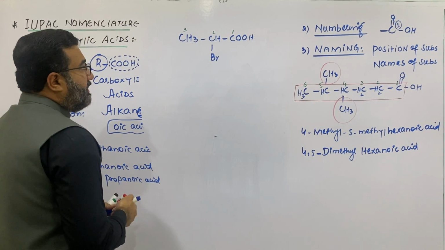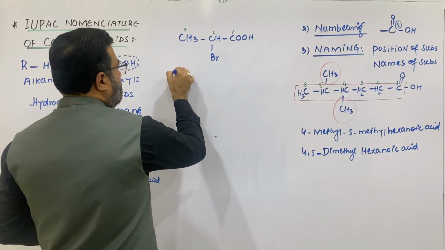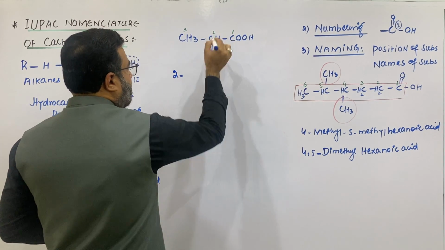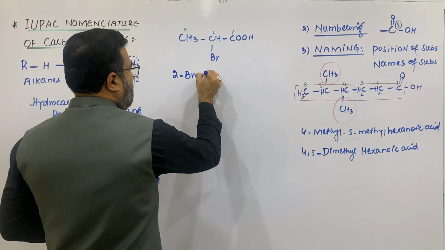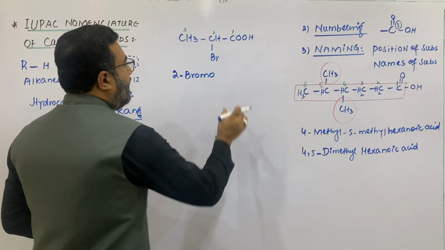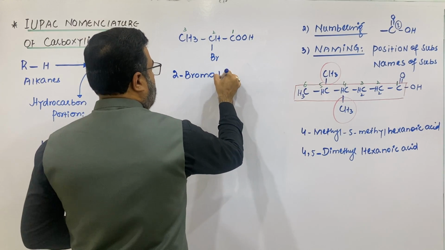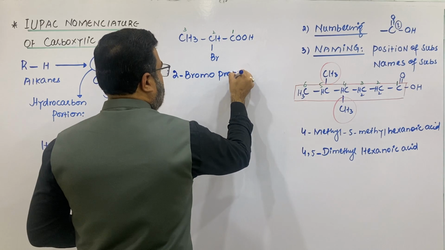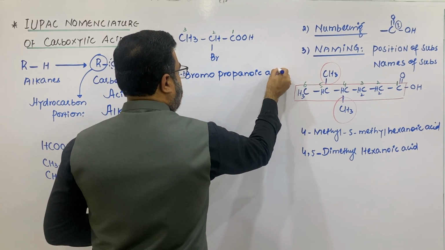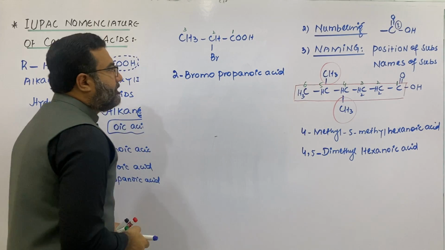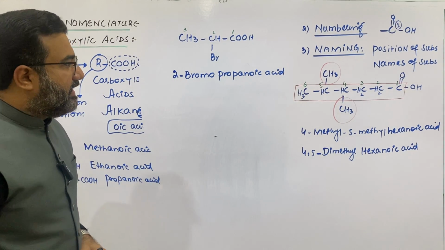So its name should be, first of all, you will mention the position of the substituent, that is 2, because it is attached to the second carbon. Name of the substituent, that is bromo. And how many carbons are in this carboxylic acid? 3. So after propane, it will be propanoic acid. And its IUPAC name will be 2-bromopropanoic acid.